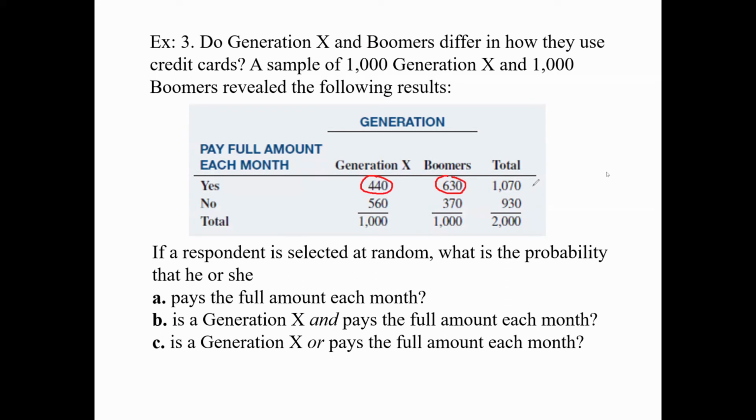So there's a total of 1070 people who pay every month out of 2000. Those who don't pay the full amount: from generation X there is 560, and from boomers it is 370. So a total of 930 people don't pay the full amount every month. So the total sample space is 2000.